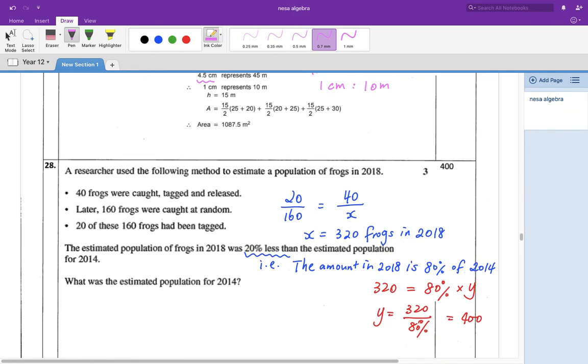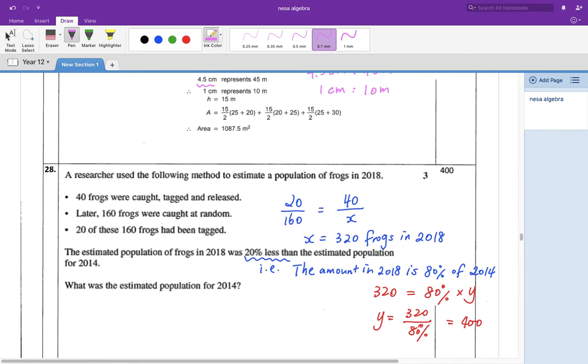Alright, question 28. So in 2018, first 40 frogs were caught and they were released after getting tagged. And then I randomly choose 160 frogs. So I'm just assuming that the percentage of the tagged frogs is going to be constant.